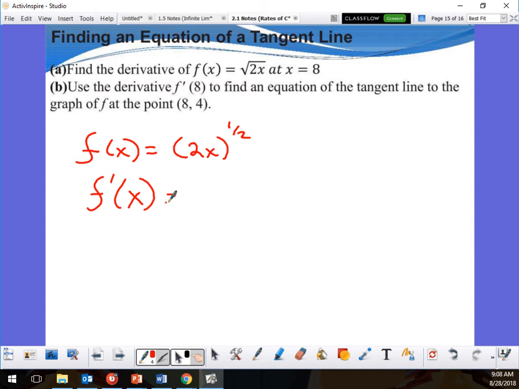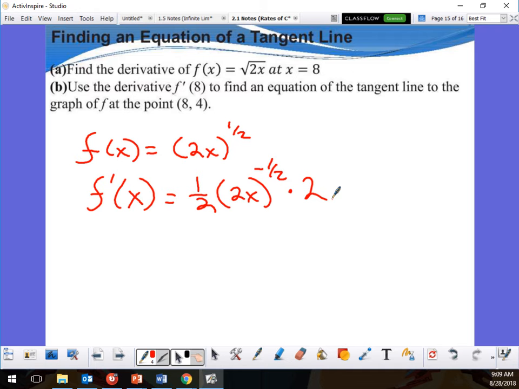Okay, so now, even better, tell me what I should have. 1/2 times 2x to the negative 1/2 times the derivative of the inside, which is 2. Right? Okay, so I'm going to do some cleaning up.